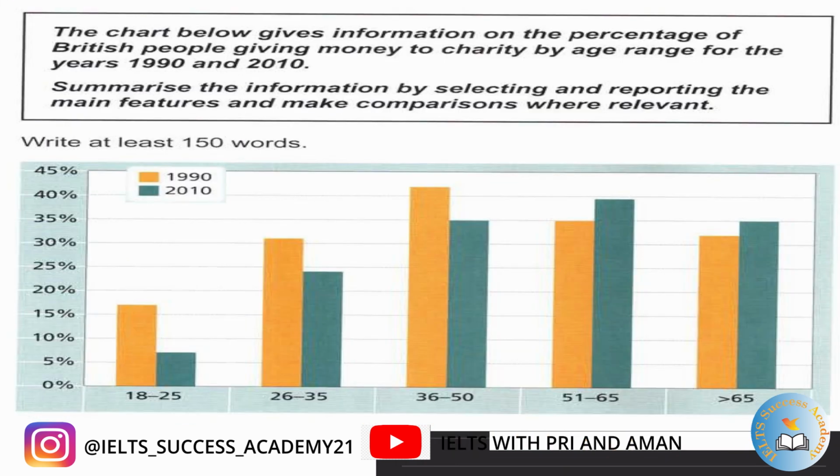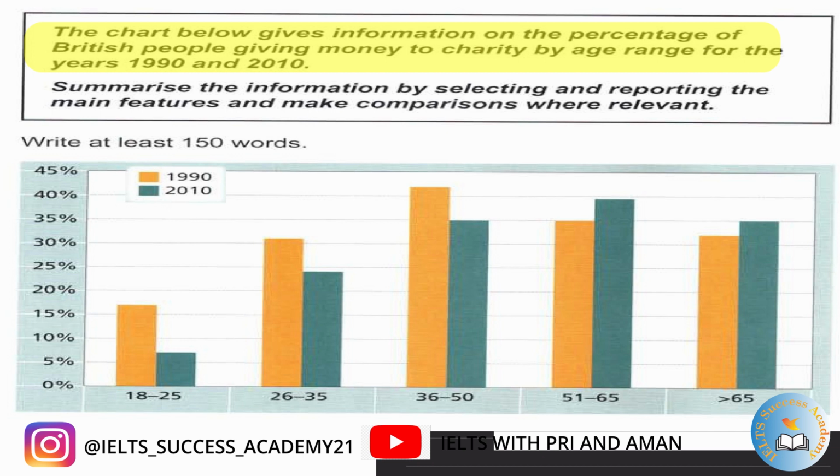Because the first thing we mostly do is to paraphrase the topic sentence. So this is the topic sentence, this is your sentence, right? So you have to paraphrase the topic.